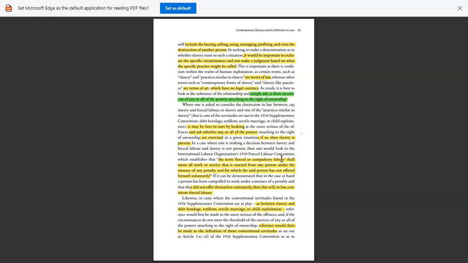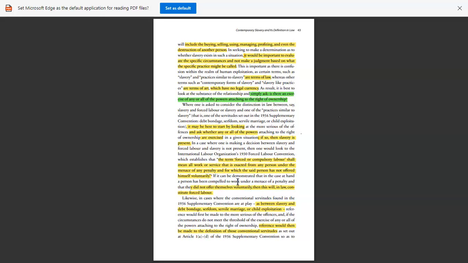And so forced or compulsory labor basically means all work or service that is exacted from any person under the menace of a penalty, where the person has not offered themselves voluntarily. So if you haven't volunteered, if you haven't consented, if you haven't subscribed, if you haven't been willing to be a part of it, and they want to force you to work, this is compulsory labor. And again, if they did not offer themselves voluntarily, then this will, in law, constitute forced labor.